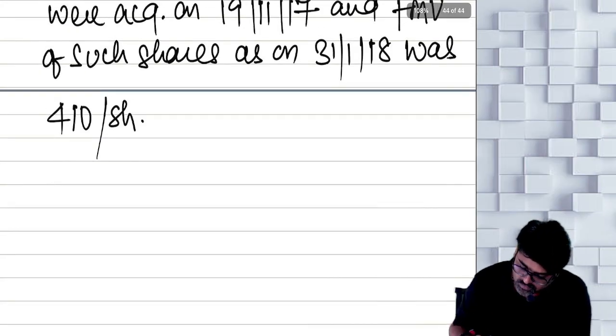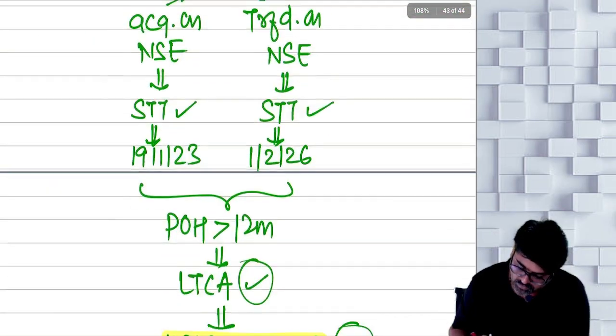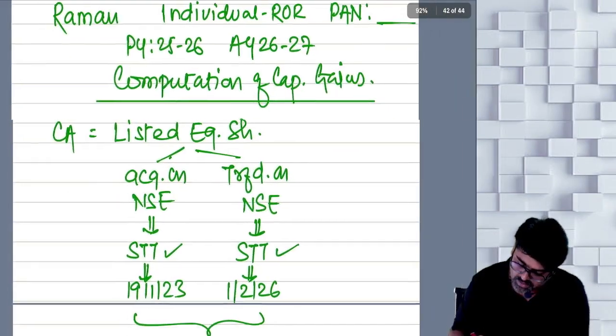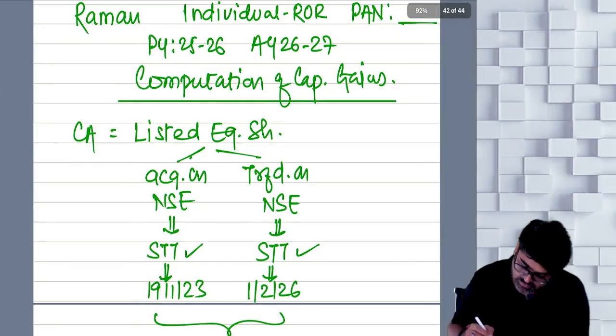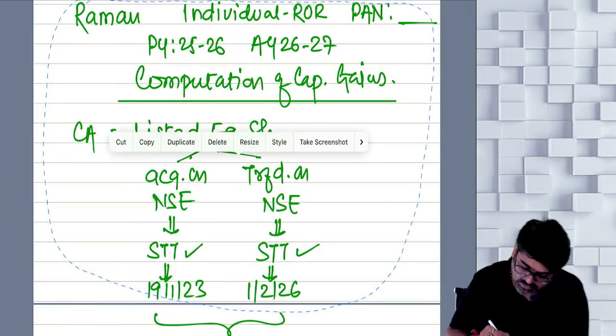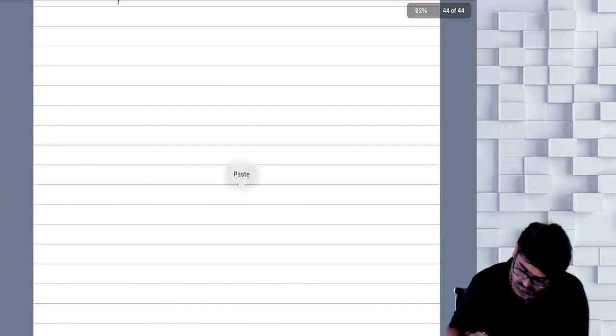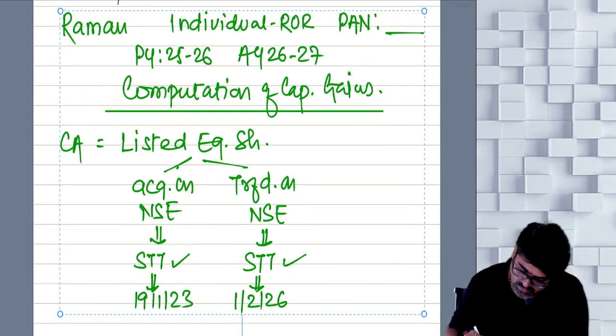What are we going to do? Computation. Now the same thing we are going to write down. Raman, this, that, everything. Same thing we are going to write. But what will change? You tell me what will change. Date of acquisition will change, no?